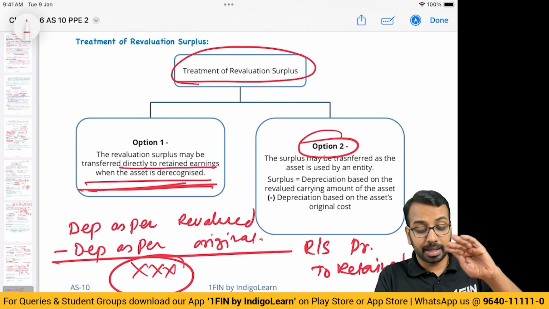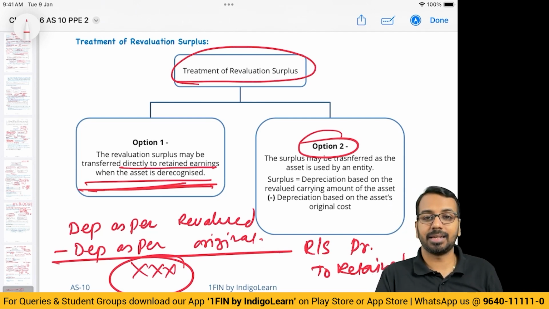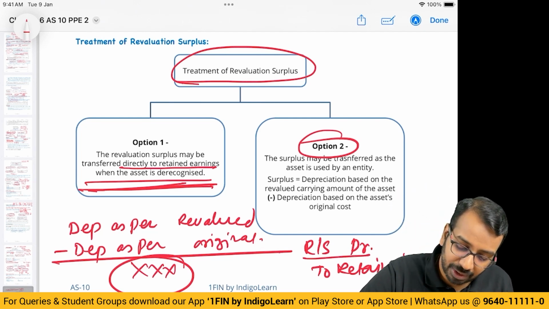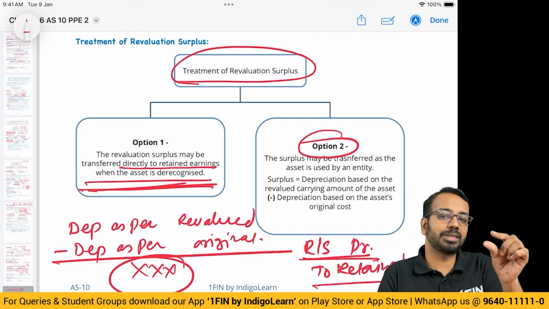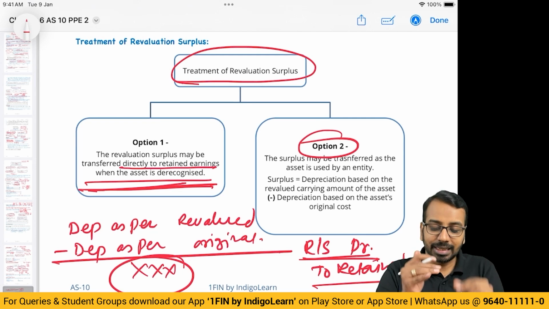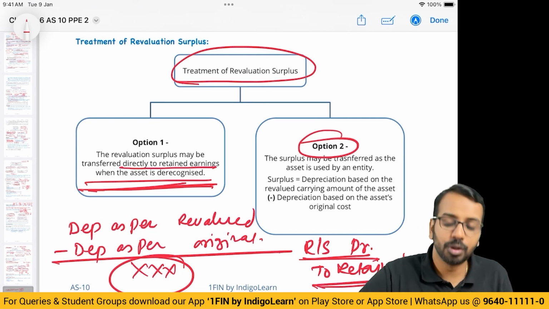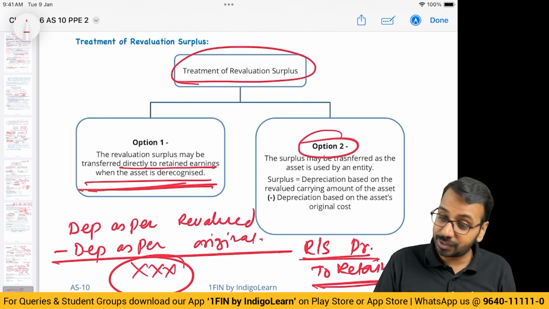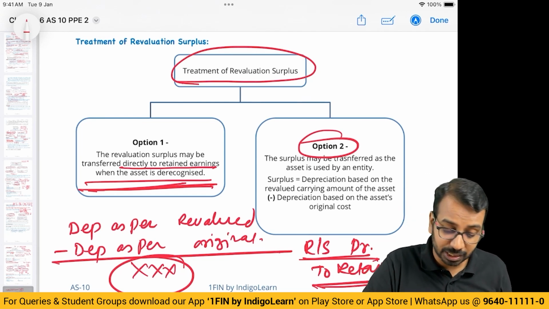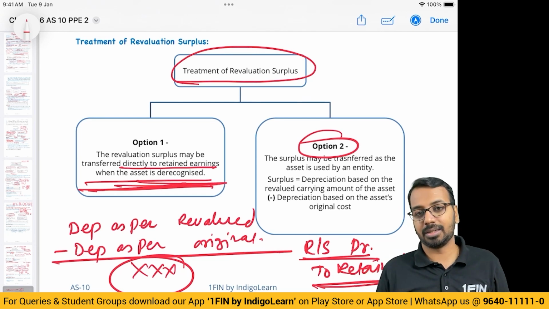First option, transfer when the asset is derecognized. Second option, periodically every year, the difference between the original depreciation and the revised depreciation, that amount you can transfer from revaluation surplus to retained earnings. Never ever will you transfer revaluation surplus to P&L. It can be transferred only to retained earnings.